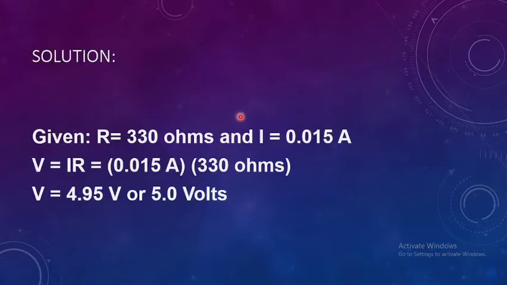By using the given parameters, we substitute the values. So we have 4.9 volts, or 5 volts.